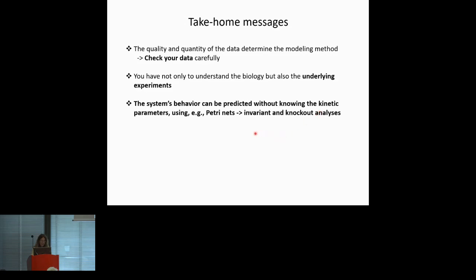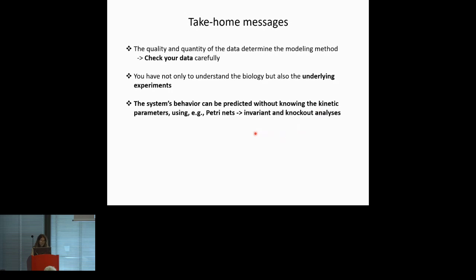And another point, I wanted to convince you that the system's behavior can be predicted without knowing kinetic parameters to some extent. That is clear. For example, using Petri nets, but you can also use Boolean models or logic models.